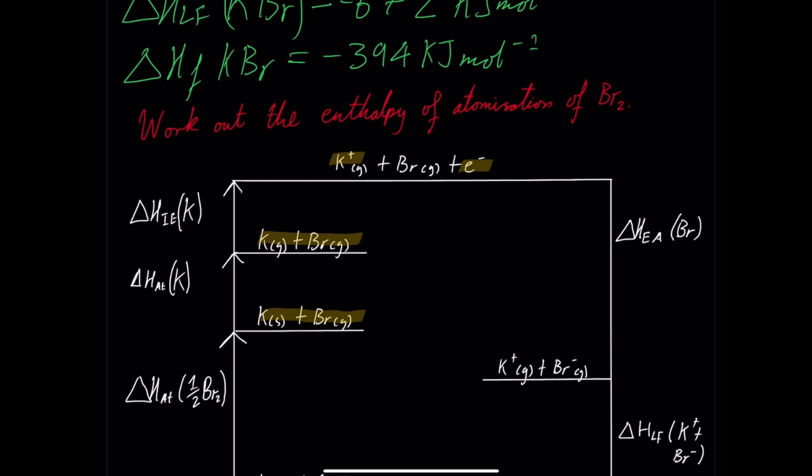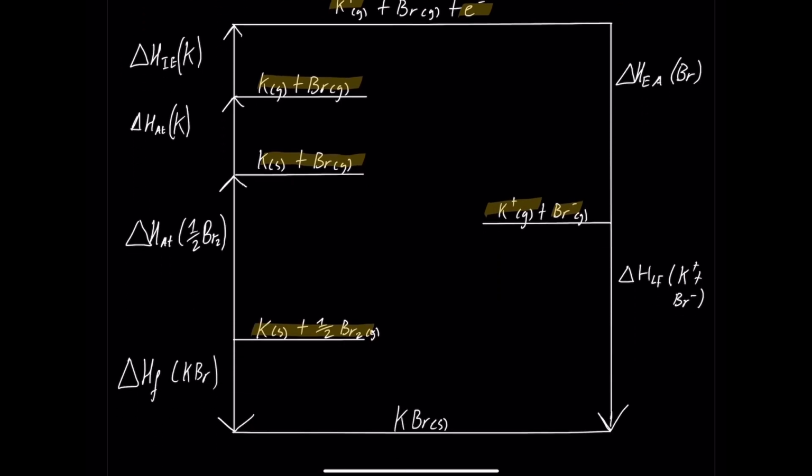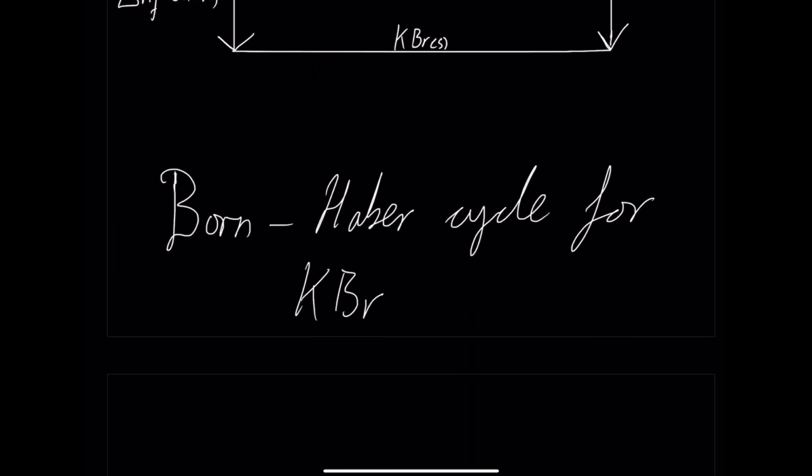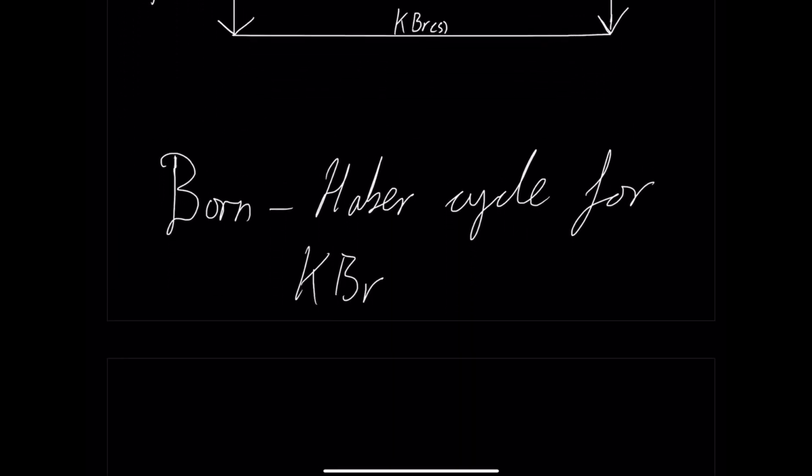So this goes from Br to Br minus. The electron lost from the potassium is gained by the bromine. Now we have our ions. We now do lattice formation, and that is the Born-Haber cycle.